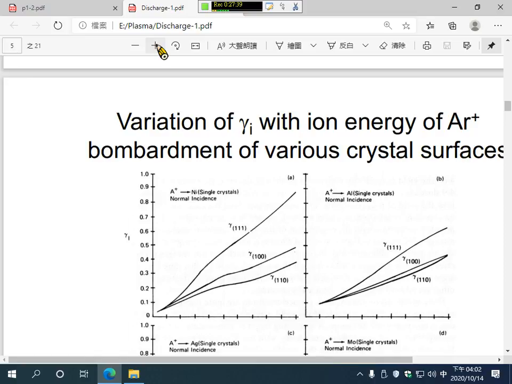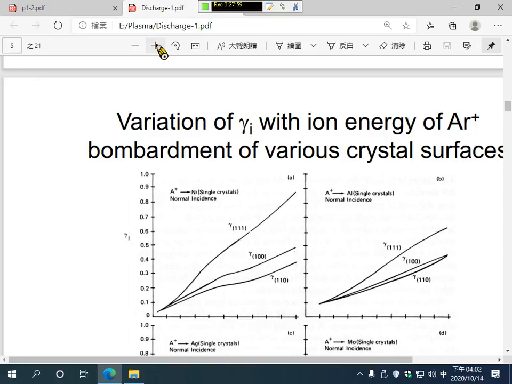From this figure, you can see for single crystal nickel, the 111 surface can emit secondary electrons easily, compared to the 100 surface and 110 surface.